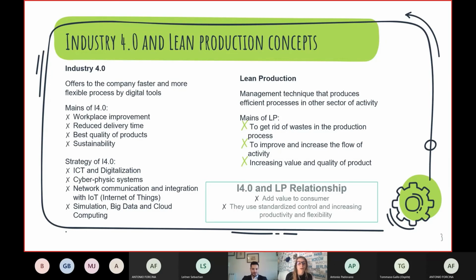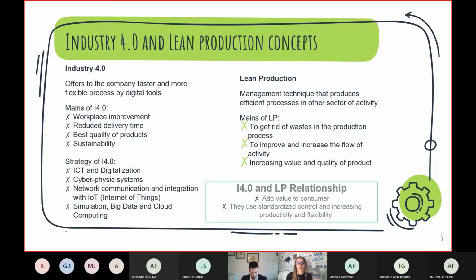The means of Industry 4.0 are workplace empowerment, reduced delivery time, best quality of product, and sustainability. The strategy of Industry 4.0 includes ICT and digitalization, cyber physical systems, network communication integration with the Internet of Things, simulation, big data, and cloud computing.